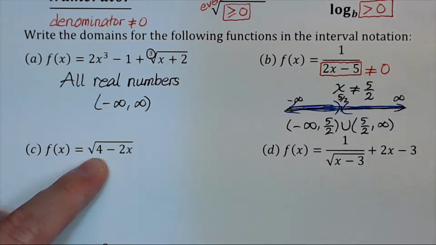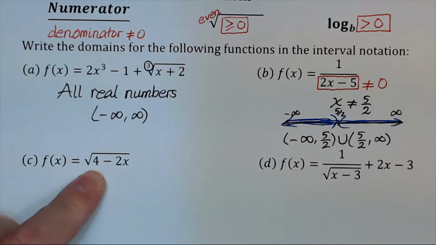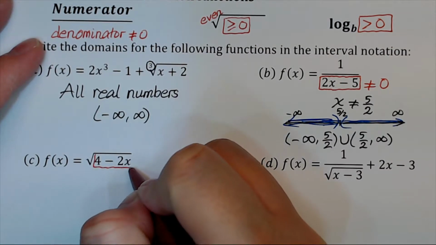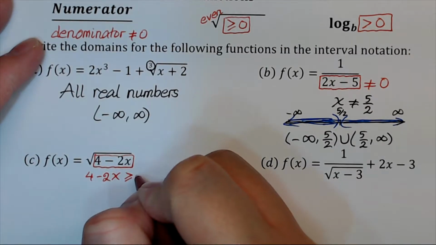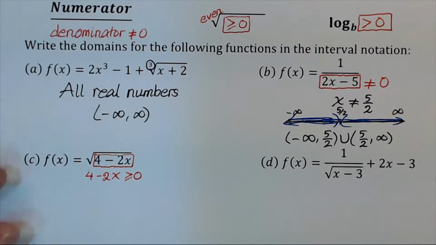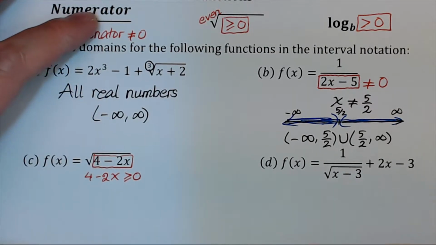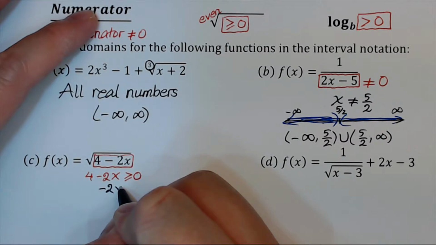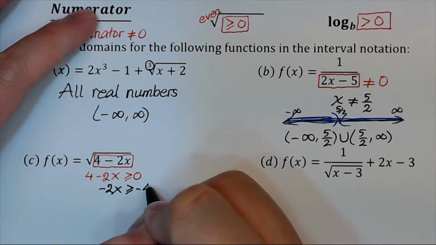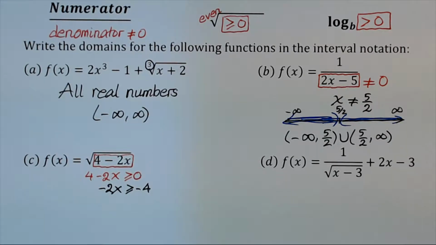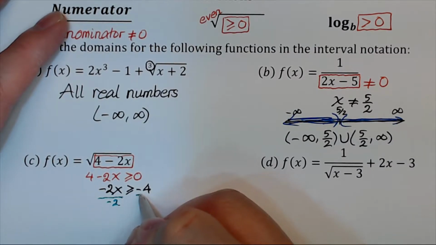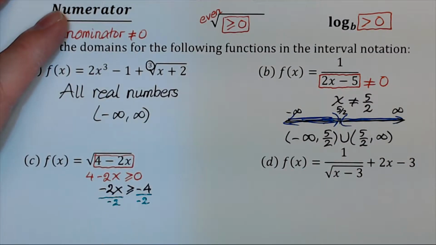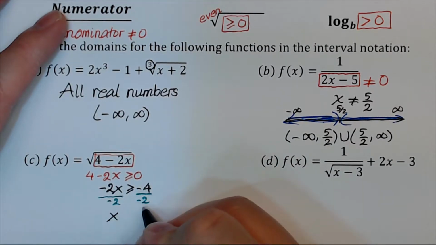Next one, this is a square root. Under an even root, the expression has to be greater than or equal to 0. So we have this greater than or equal to 0. Minus 4 on both sides, we have negative 2x greater than or equal to negative 4, divided by negative 2, we have x and that is 2.